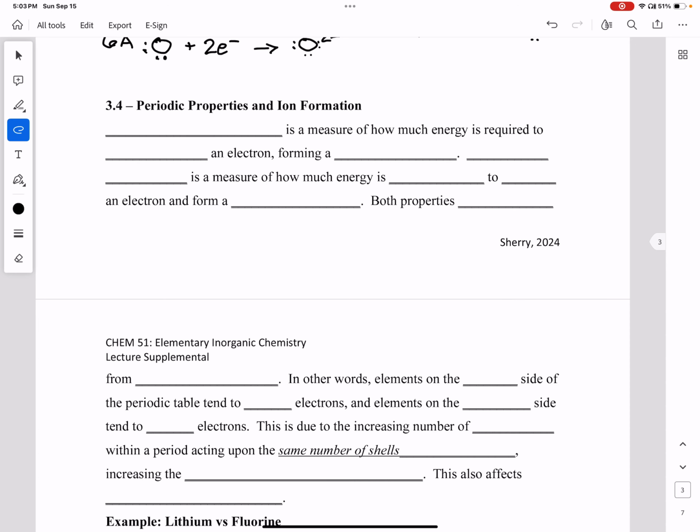And so ionization energy is how much energy is required to yank off an electron. You have to add energy to remove an electron, forming a positive ion.